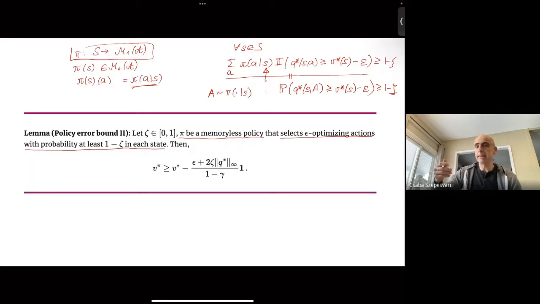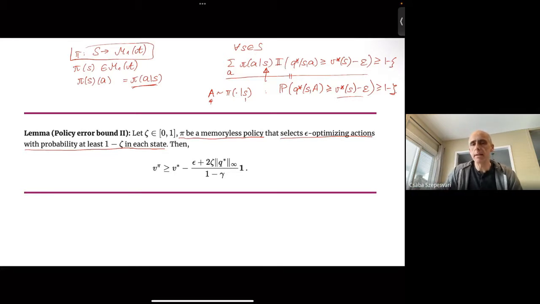So now notice that if you're following this policy, then it's a random policy in every round. Whenever you encounter some state, you're going to sample some action, then this continues. So if the policy in a round is not selecting a good action, an action which would have this epsilon optimizing property, then things might get derailed. But the chance of this is not too large.